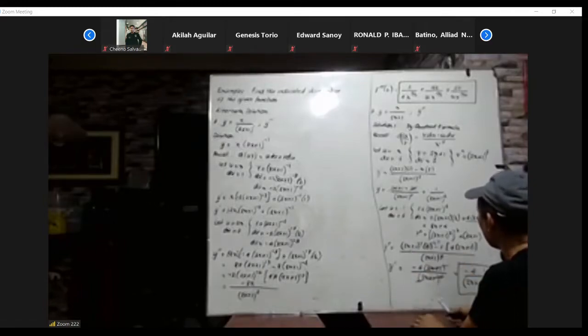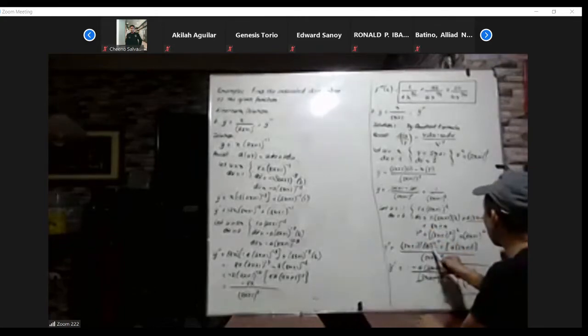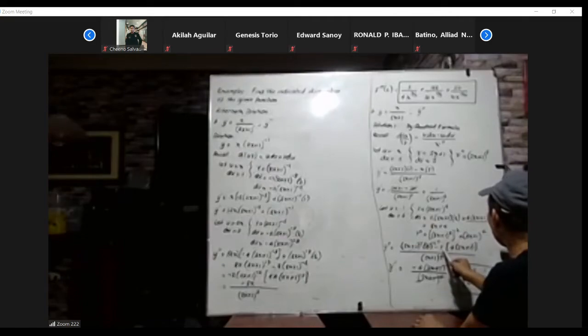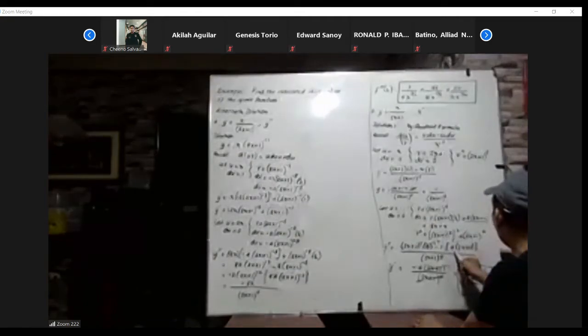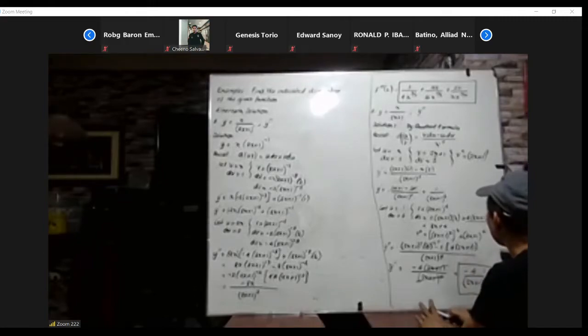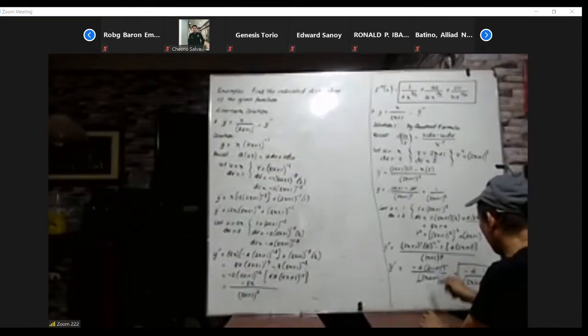So, bali, b. du is equal to 0. Then minus 1. And then our dv is equal to 4x, 4 times 2x plus 1. Tama ba siya? Okay. All over 2x plus 1 raised to 4.